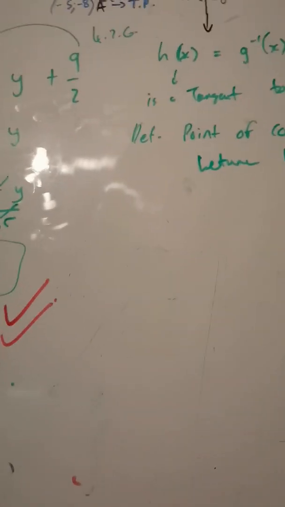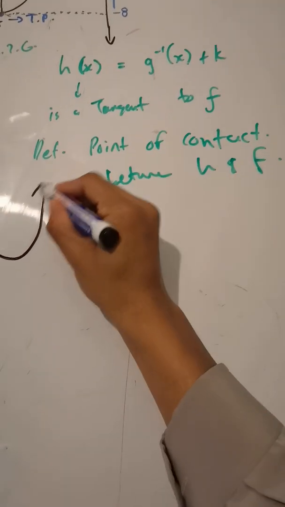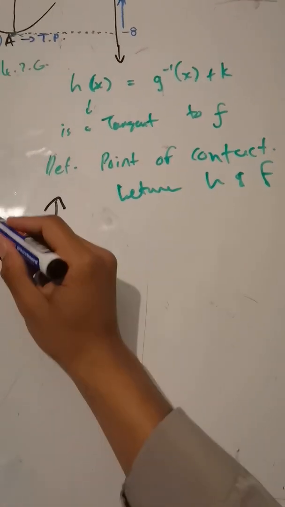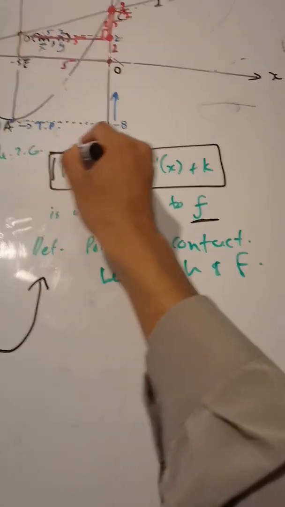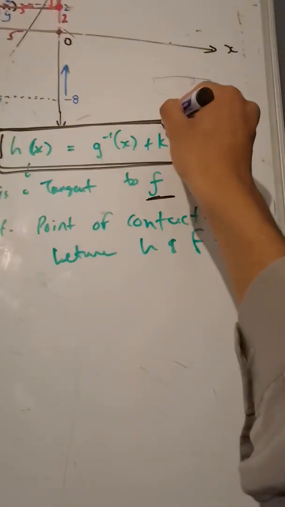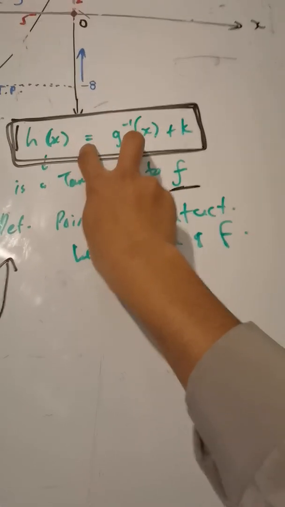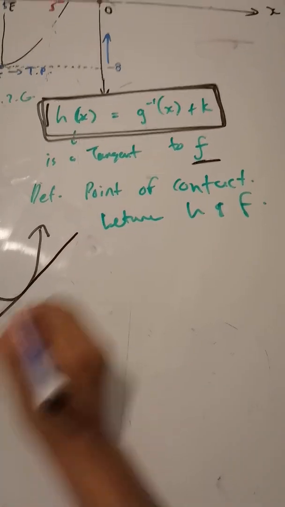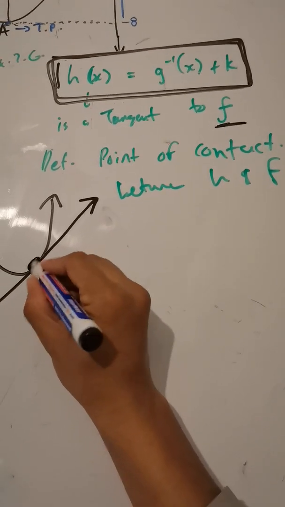So we know that, let's say for example you have a graph like this. Let's say this is our parabola, which is f. So this equation is the equation of my tangent. They're saying that this equation over here is a tangent to f. A tangent touches the point of my parabola.